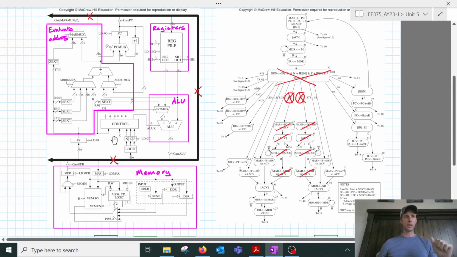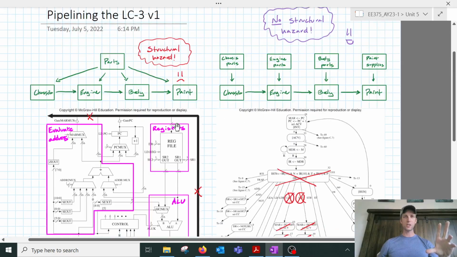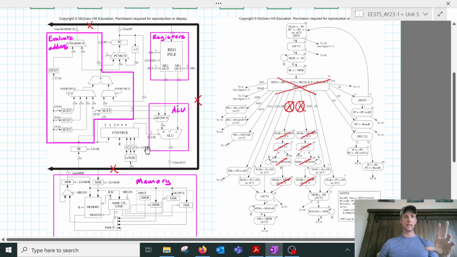Hopefully, in doing this, I can separate my LC3 into components that don't have any structural hazards. If I've done this correctly, which I think I have, we'll see that in processing each instruction, there aren't any instructions that use more than one of these sections at the same time.